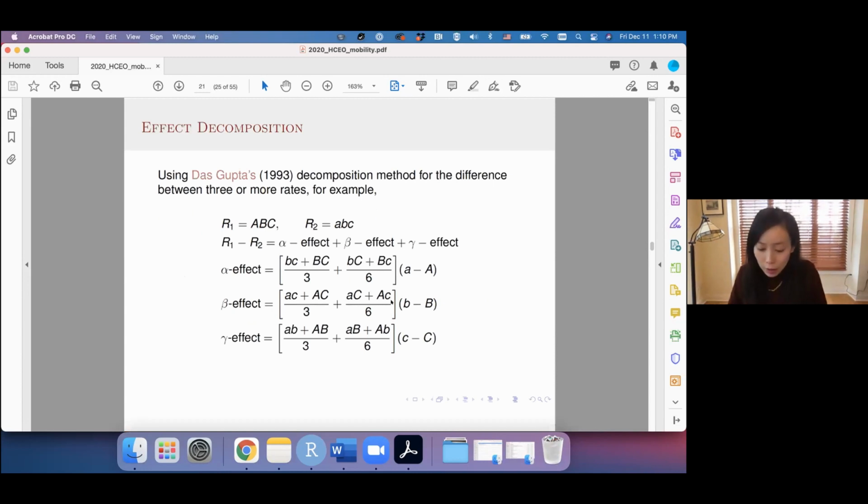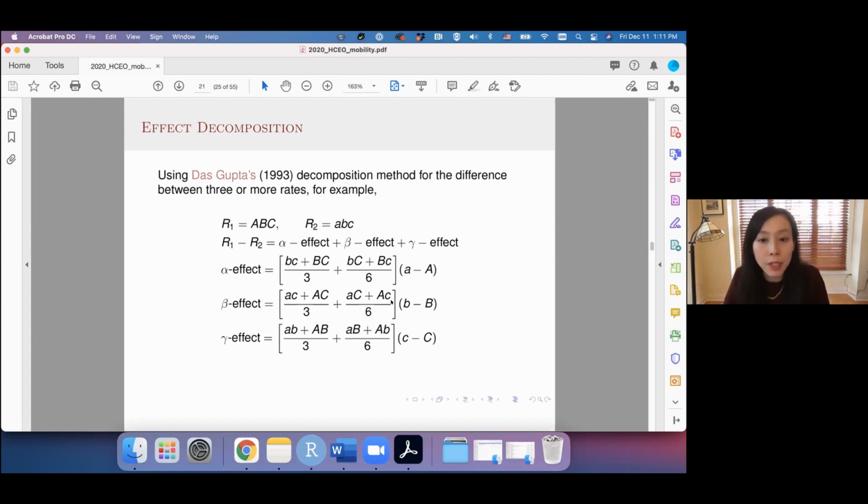And then here is some of the demographic work that considers how we can extend this to multiple rates. One of the famous methods is called the Das Gupta decomposition method for the differences between three or more rates. So think about if we want to understand the difference in crude birth rates between the US and Germany.